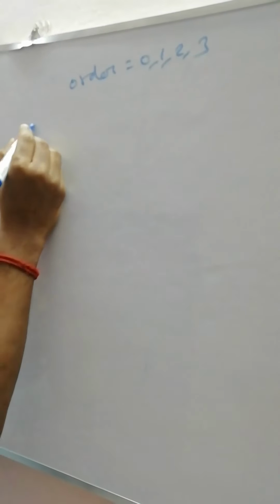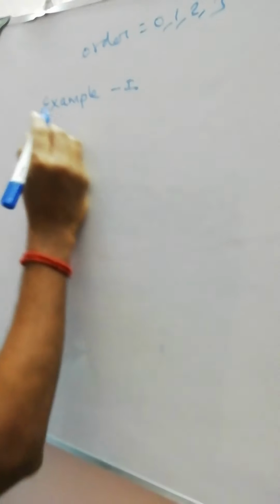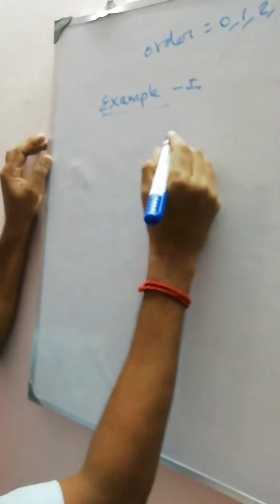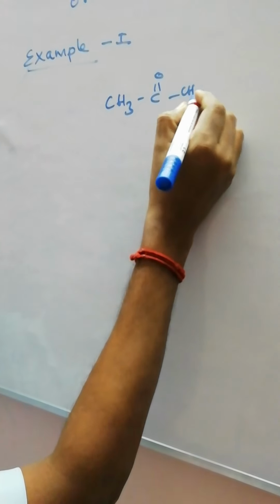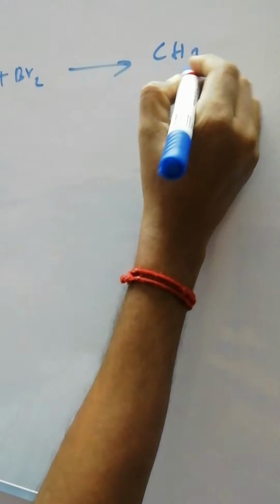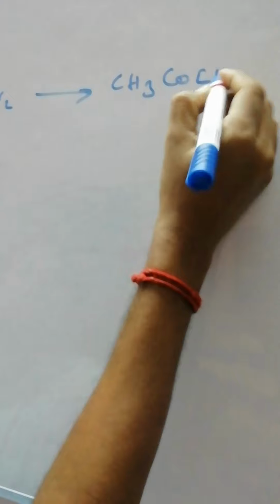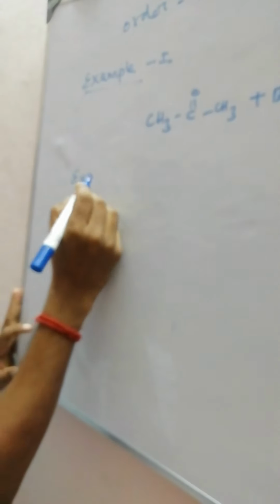Example for order: let us see the reaction between bromine and acetone. This is the reaction taking place. Now I am going to write the experiment. We are doing some experiments.